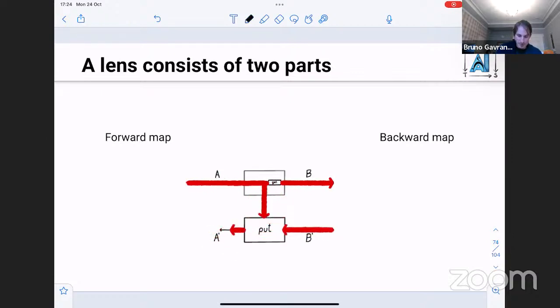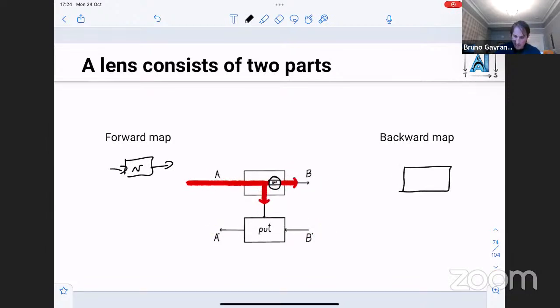A lens consists of a forward map, which is here called get. In lens terminology we might use get, or often the terminology view. And it consists of a backward map, here called put, but I'm going to refer to it in more evocative language, update. So a lens consists of a forward map view and a backward map update.